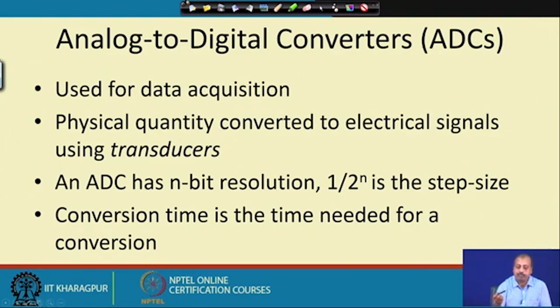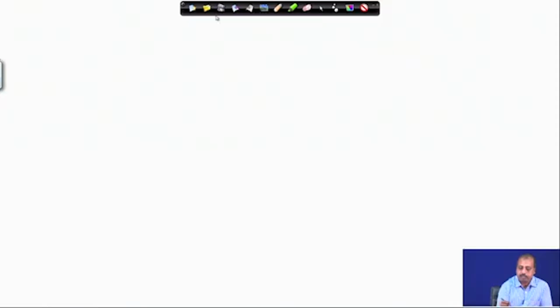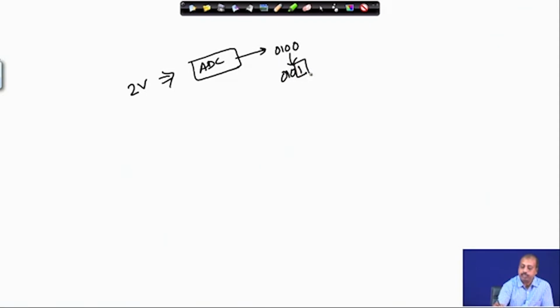Suppose there is some electrical signal of say 2 volt, and this ADC produces a 4 bit output, so 0 1 0 0. Then the next closest output that it can produce is 0 1 0 1, the single LSB change, fine.